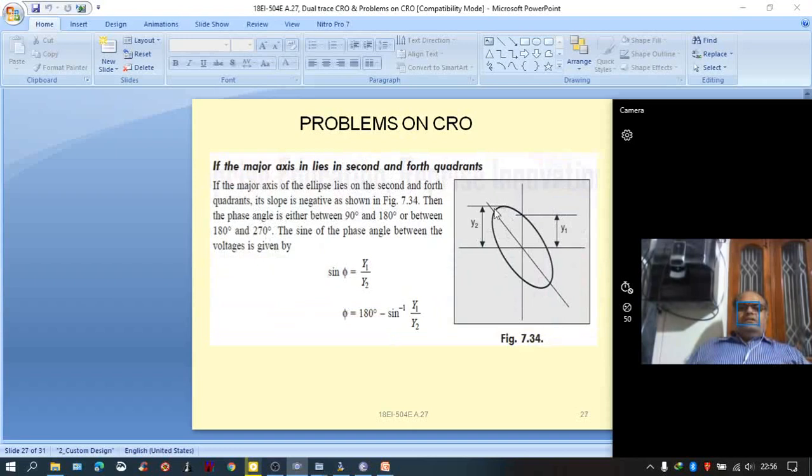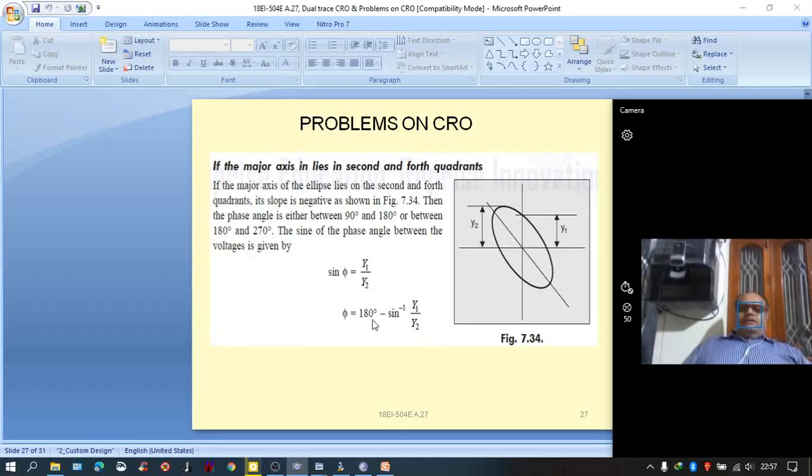When the major axis of the ellipse falls in the second and fourth quadrants, the angle is this, and it can be found as sin phi is equal to y1 by y2, or phi is equal to sine inverse of y1 by y2.